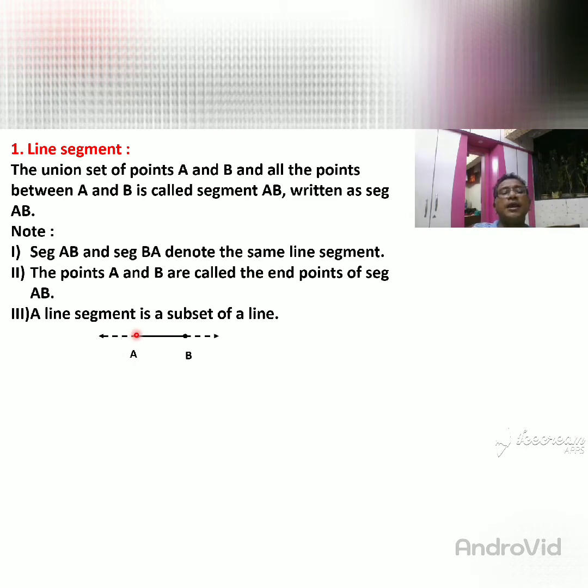The end points of segment AB are A and B. So we have end point A and end point B. I am showing this segment AB going from A to B.